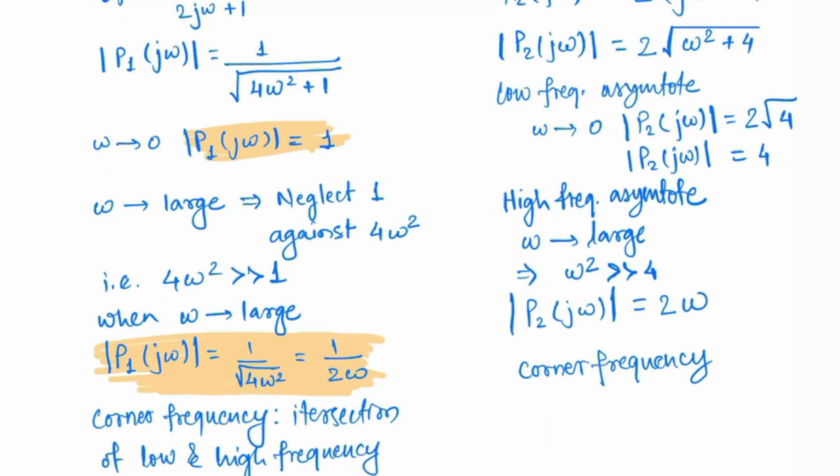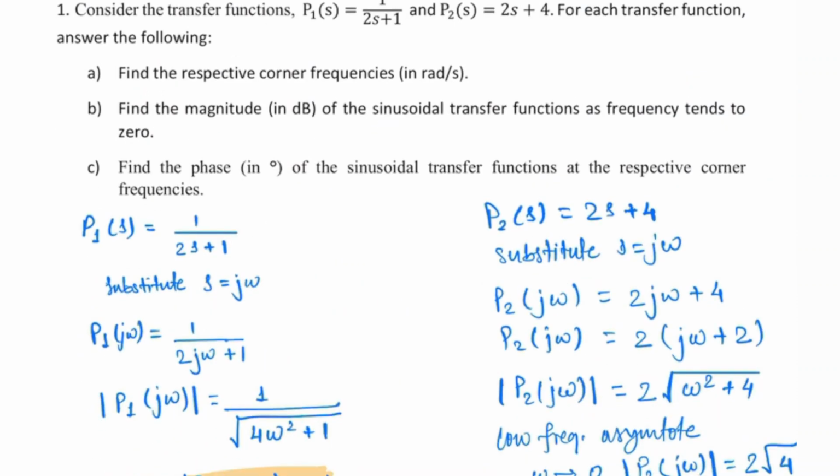So at the corner frequency, these two would intersect. That means 2 omega c, where omega c is the corner frequency, would equal 4. So this is the high frequency portion, this is the low frequency asymptote. This implies omega c is 2 radian per second.